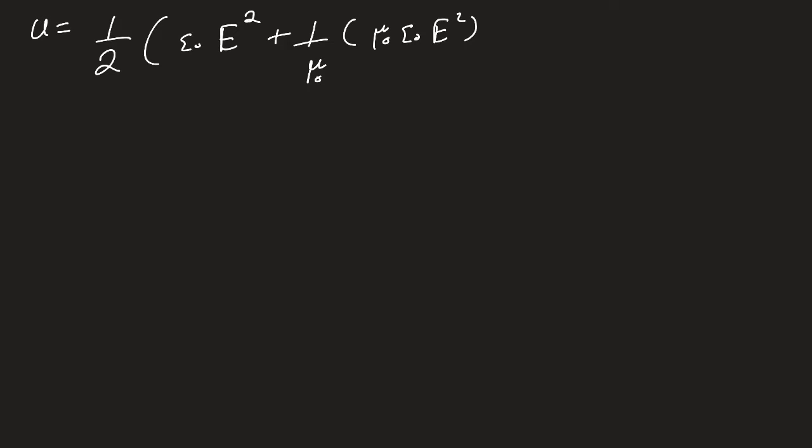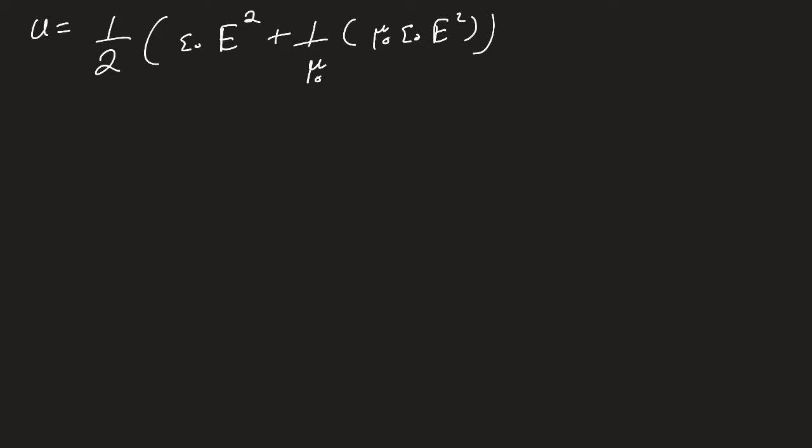What happens is that U becomes equal to 1 over 2 of epsilon naught E squared plus 1 over mu naught times mu naught epsilon naught E squared.